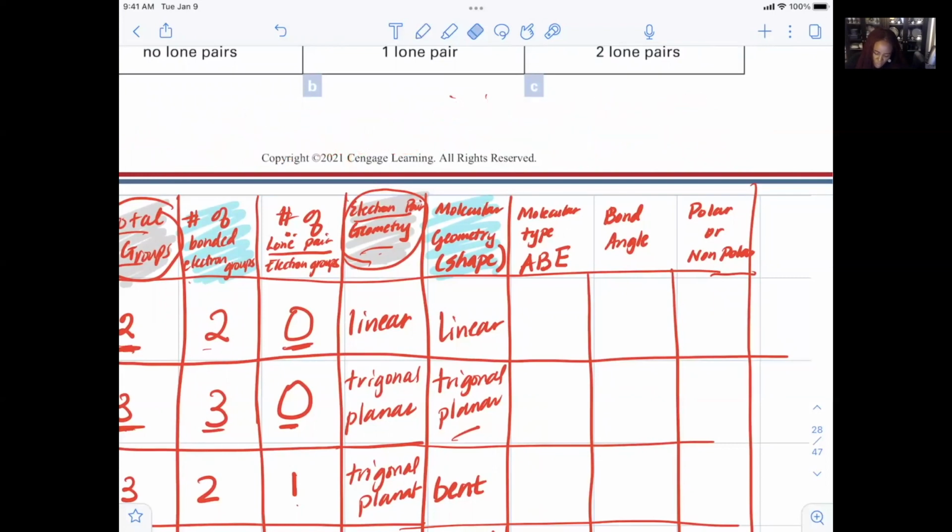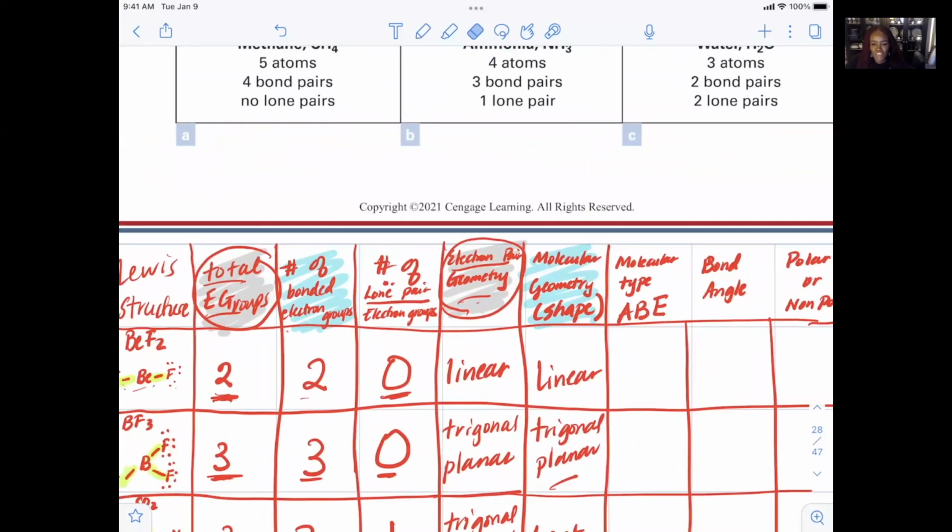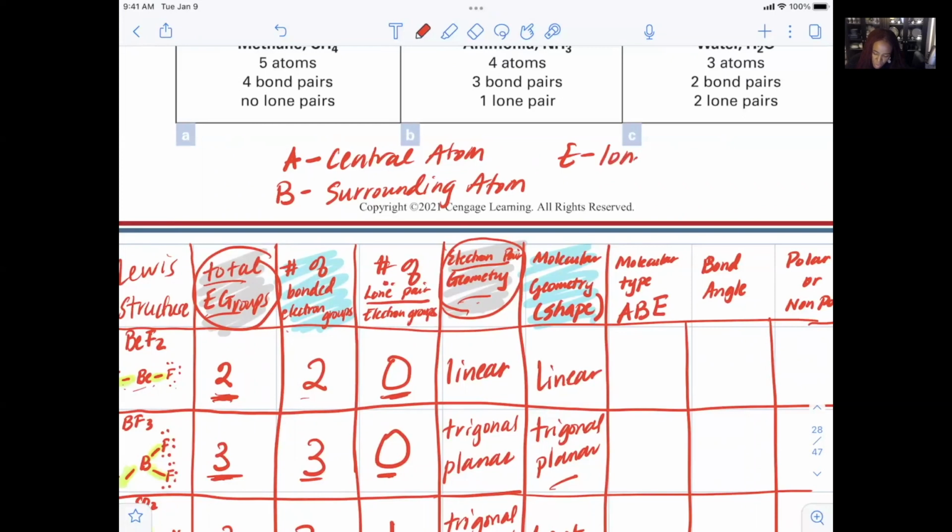A is a generic way of representing the central atom. So A stands for the central atom, and B is the other atom or the surrounding atoms. It doesn't matter, just in general, surrounding atoms or the other atoms. And then E stands for lone pair electrons.